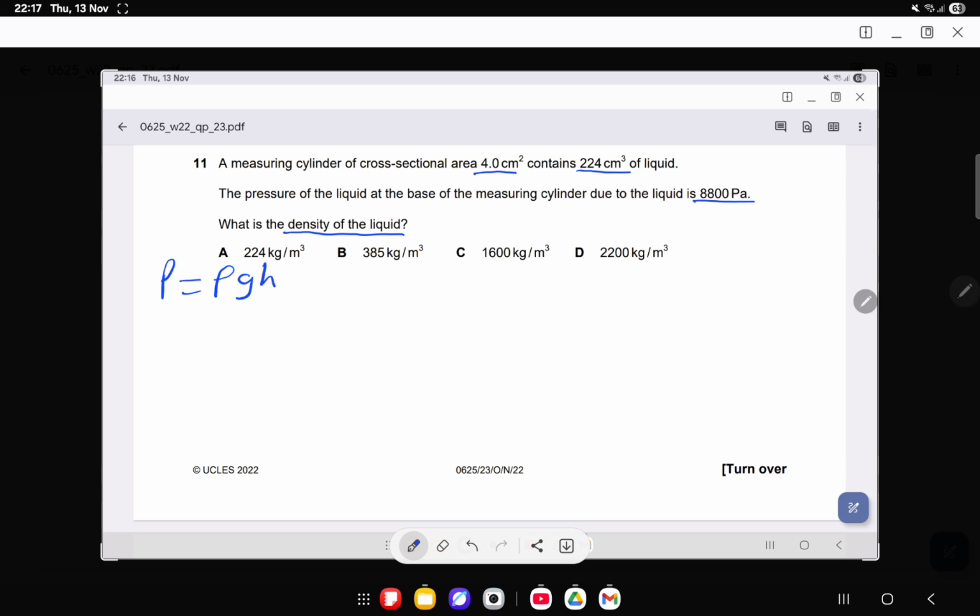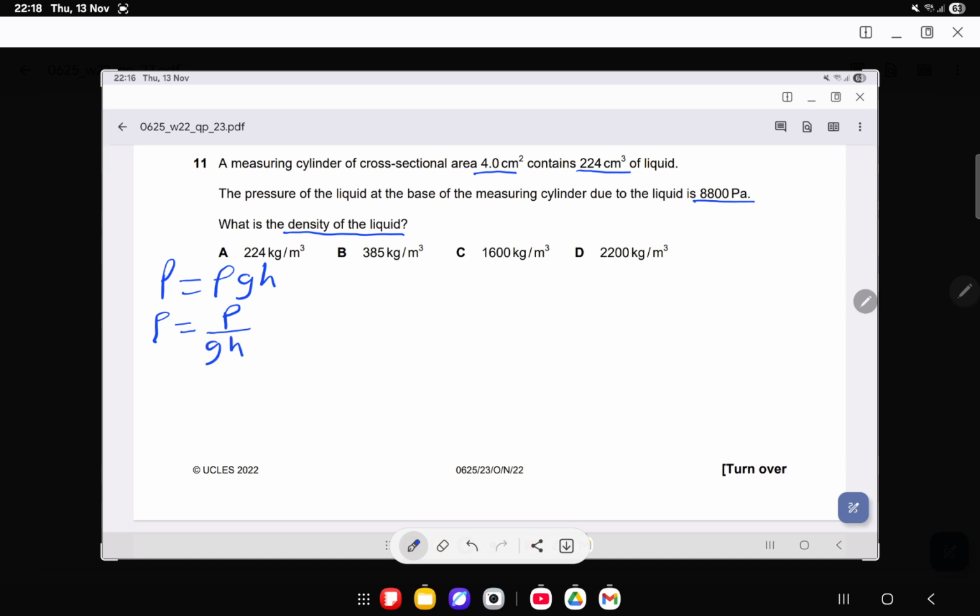So that's the formula. So if the question is about density, when I make density the subject, I have my density equal to the pressure of the liquid over the gravity times the depth of the liquid.